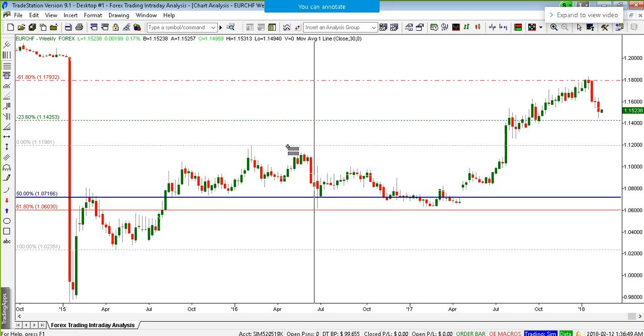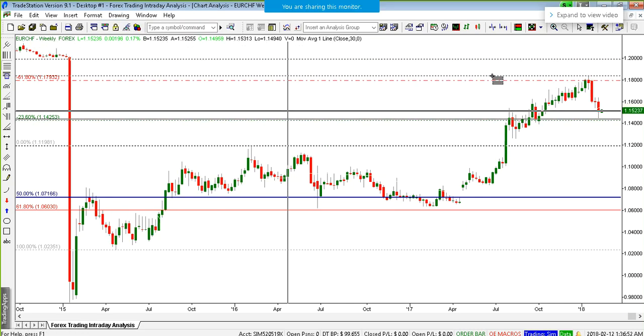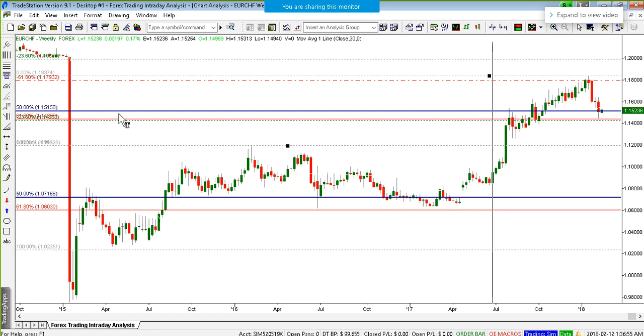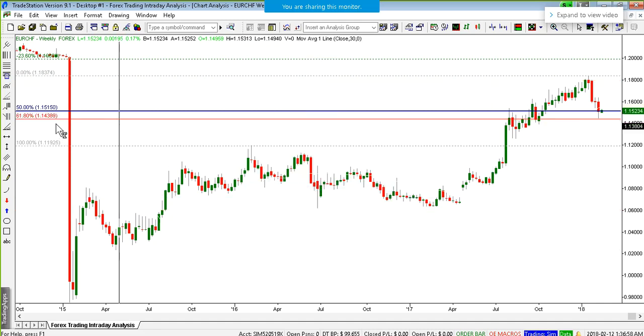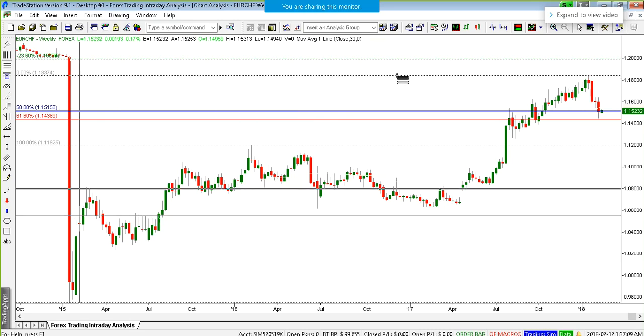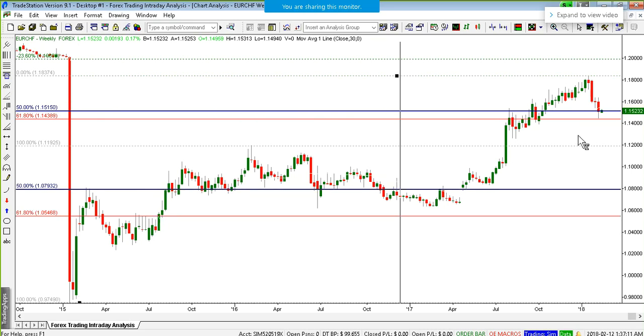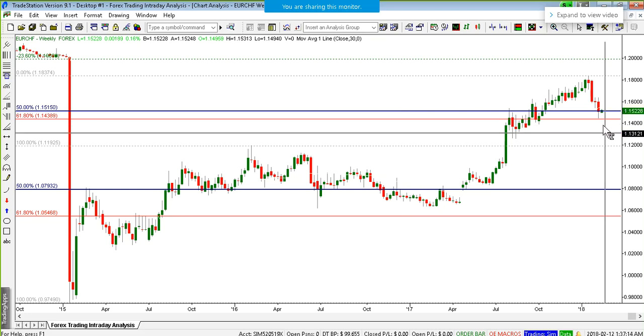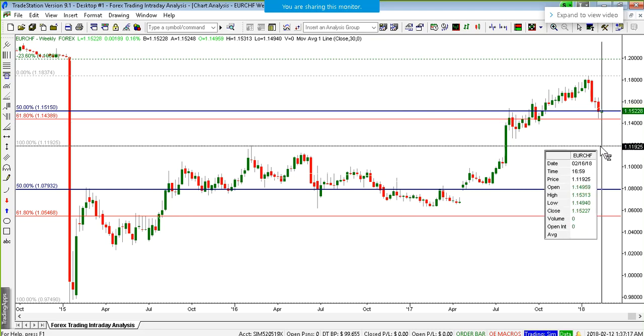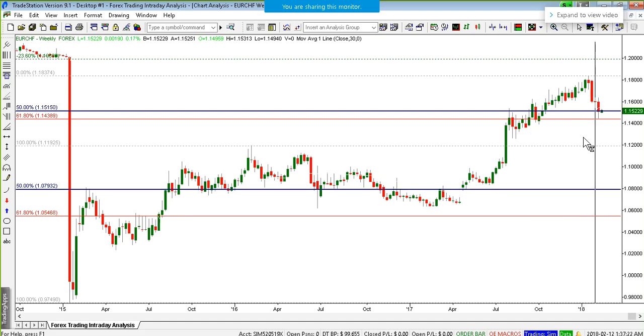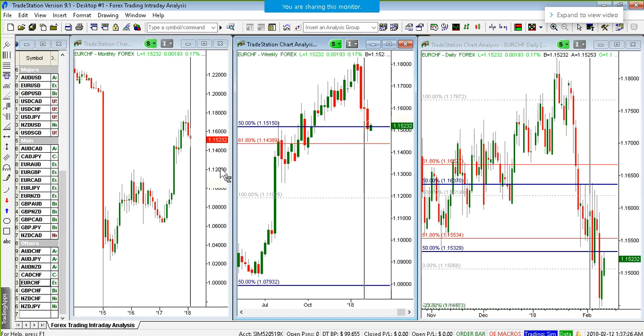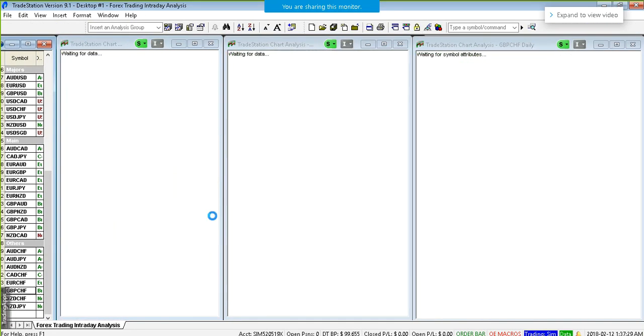Now if the extension here fails, and we are very close there, so far it's been respected, but if price moves below 114.38, then you're going to see a much bigger correction here, with the Swiss franc gaining on the euro. And that move could be to 111.92, 112 first, and then potentially into 107.93. Okay, so these are the two levels to watch on the larger time frames.